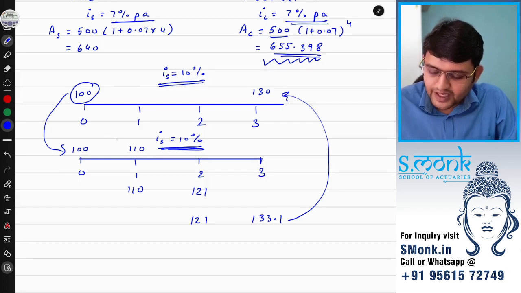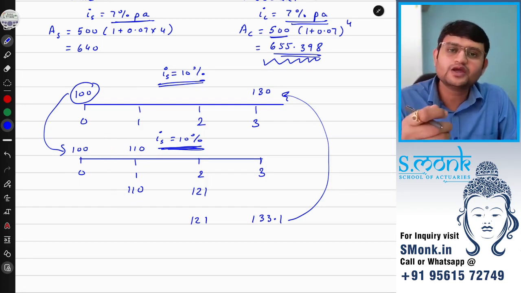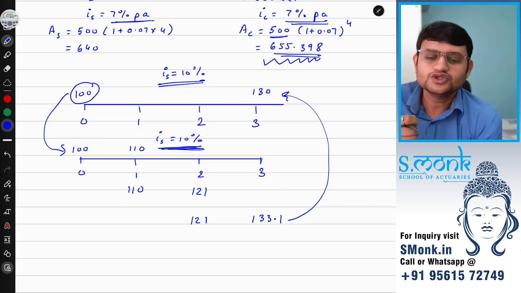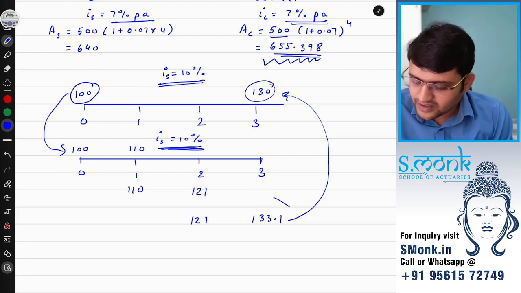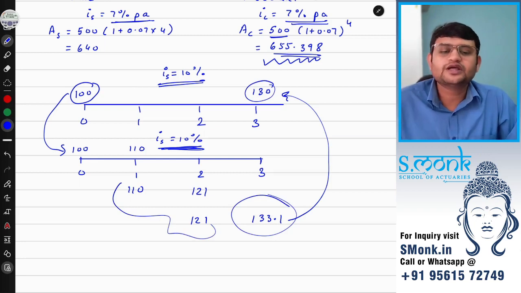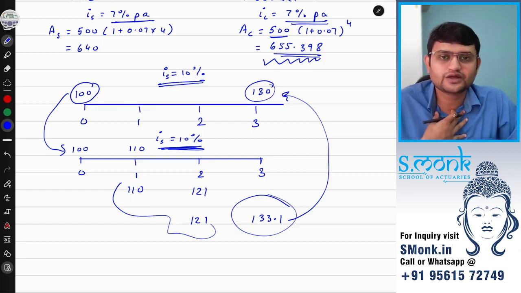So it will be very inconvenient for me to do that for the same thing. So what I would say is, rather than taking 130, just take 133.1, but don't ask me to repay the money again and again every single year. It's not convenient for me to do that. Correct.